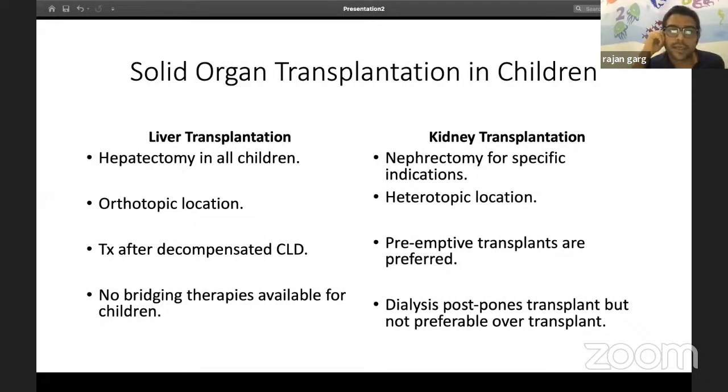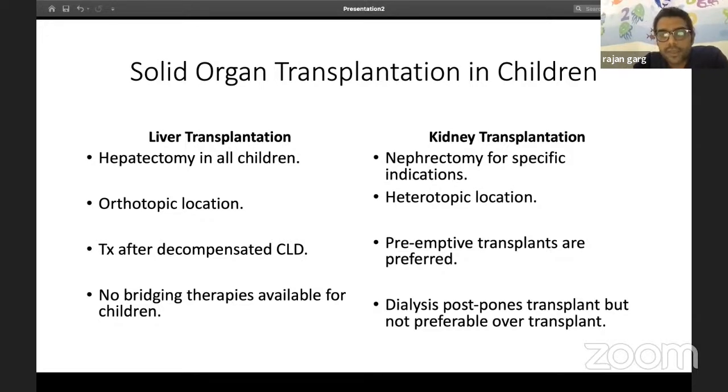The second thing is that in cases of liver transplantation, usually the transplant is done after the patient gets into a decompensated CLD. Decompensated CLD is something important for everyone to understand. CLD is chronic liver disease. Anybody who has cirrhosis goes under the heading of chronic liver disease.